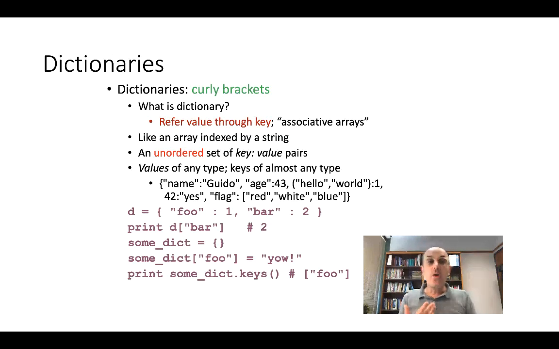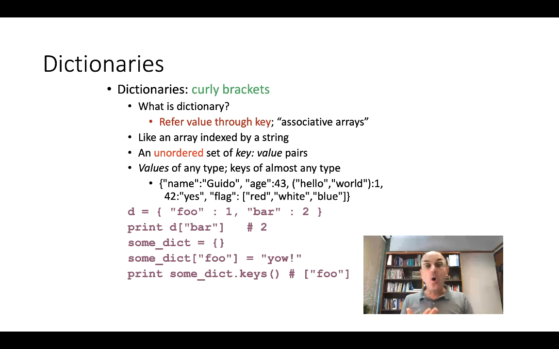We can also create dictionaries. And what is a dictionary? It refers to a value through a key. An associative array, like an array indexed by a string.